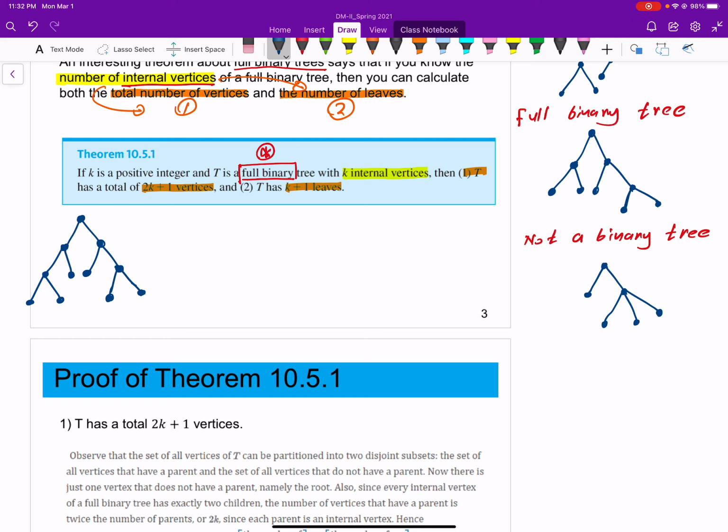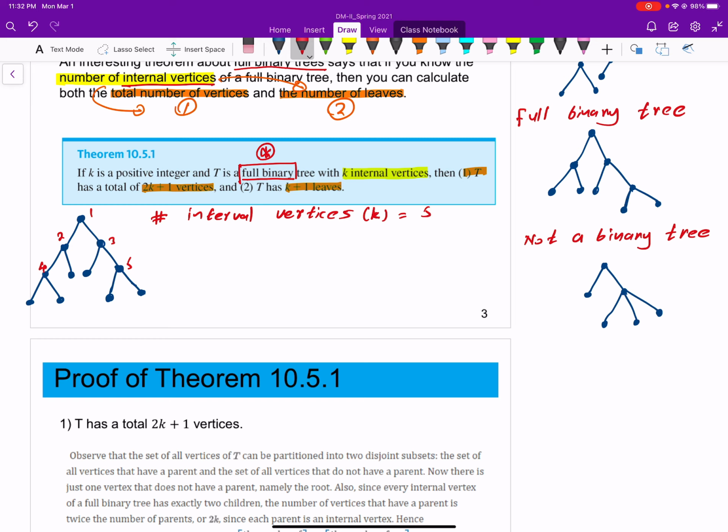Let's count how many internal vertices: 1, 2, 3, 4, 5. There are 5 internal vertices. That means k equals 5 here.